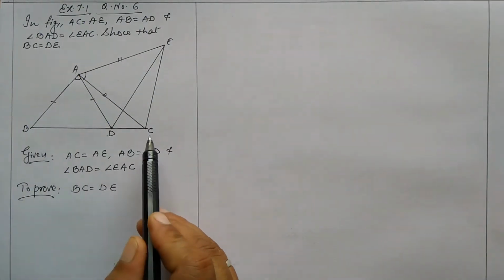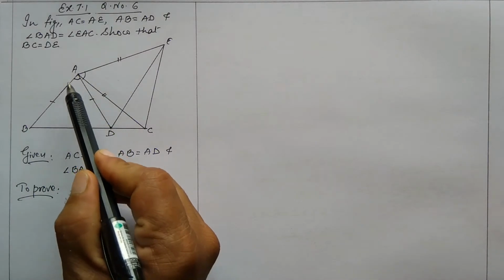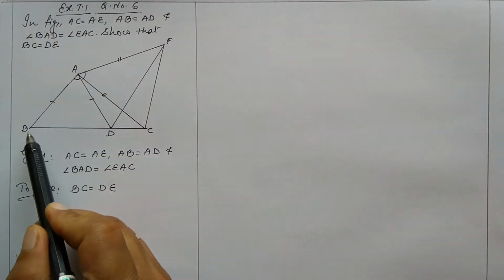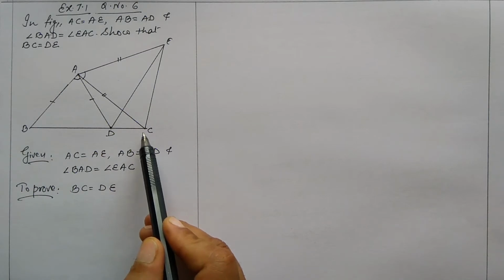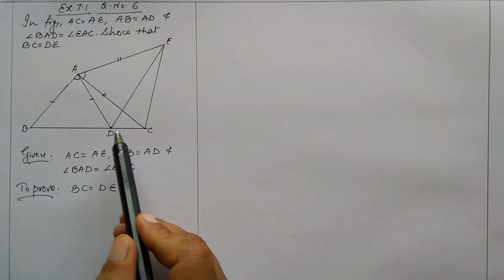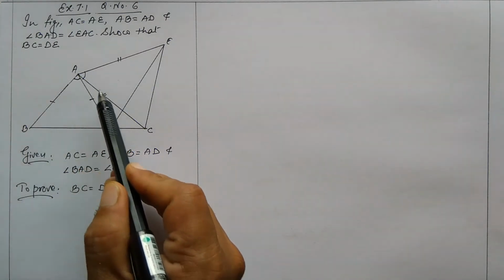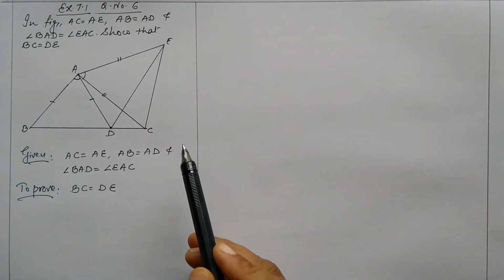Now when you say BC, you should focus on triangle ABC, and it is not an isosceles triangle or equilateral triangle also. Side AB is not equal to AC. You can find out from identical marking.